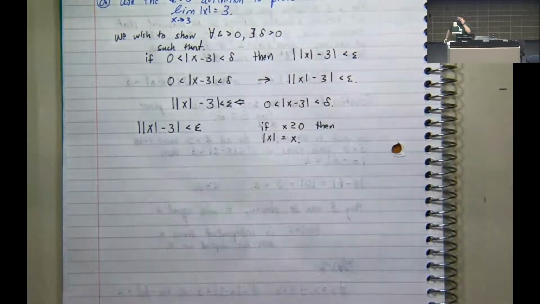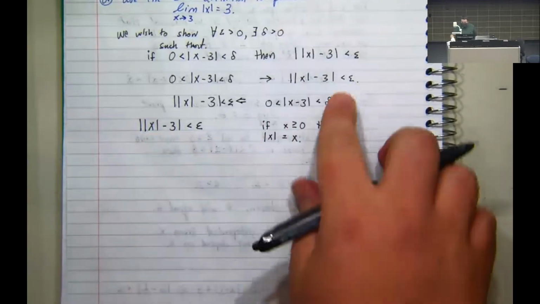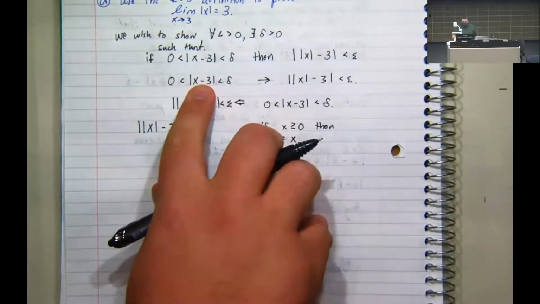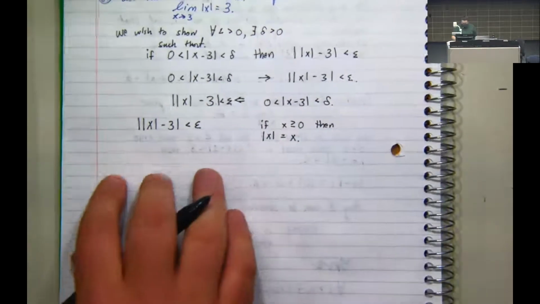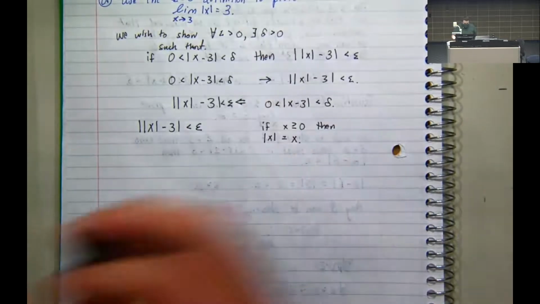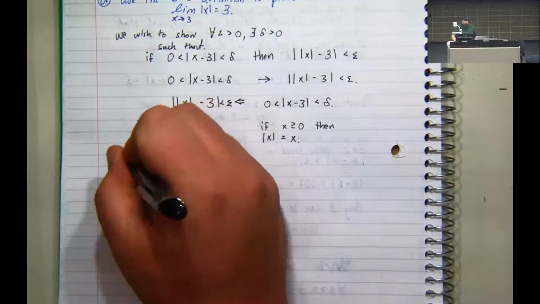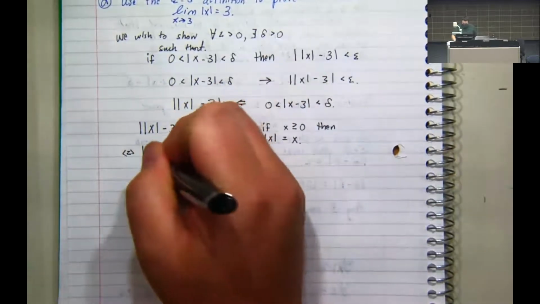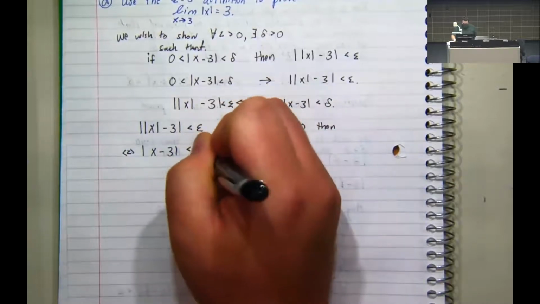So we start off with that restriction, because on this side we have an absolute |x| minus 3. We want to find an |x minus 3|, and so we need to get rid of this absolute value bar. So we start off with that restriction. And if we do that, then this becomes |x minus 3| is less than epsilon.